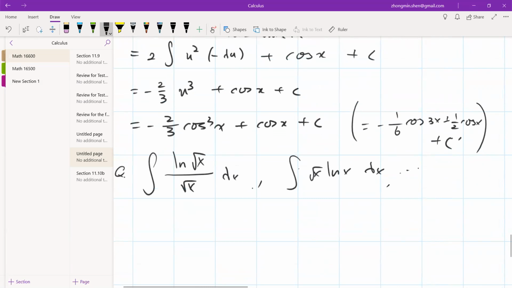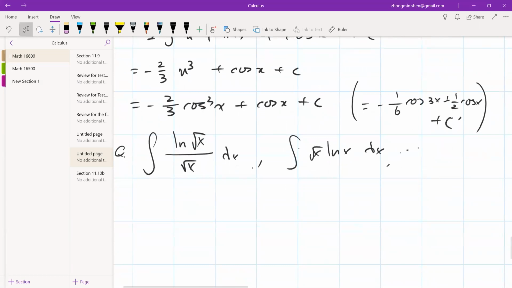For the first one, there are two possible ways to do it. When you see natural log of a square root, you can always take the radical out first. If you do that, it'll be similar to the problem on the right hand side. So there are two ways to do it.